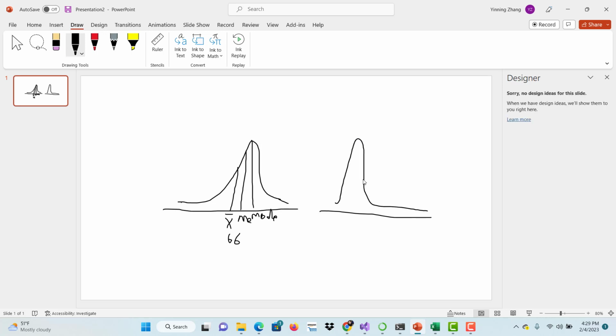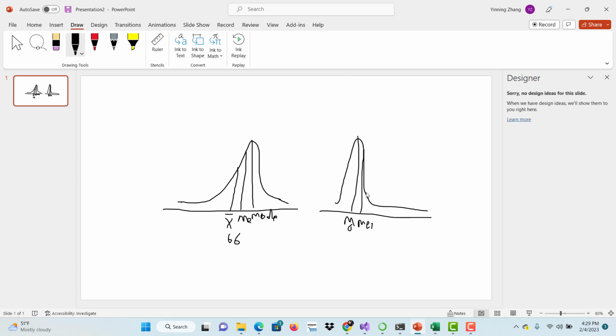what does this mean? That means the mode is here. And the median is probably around here. That's the mode, okay?